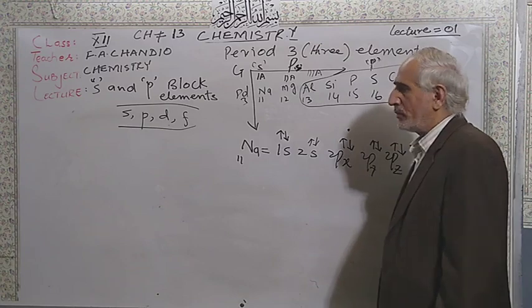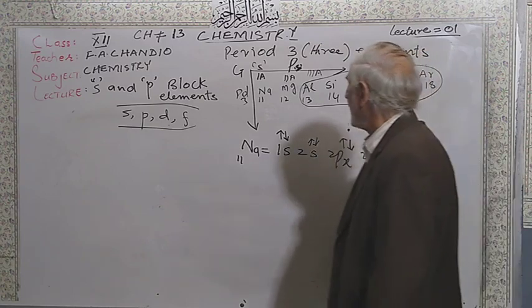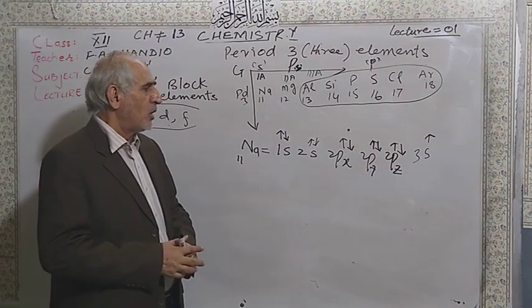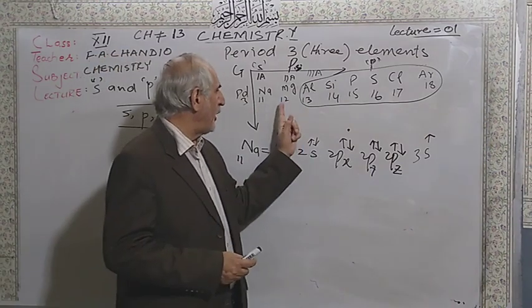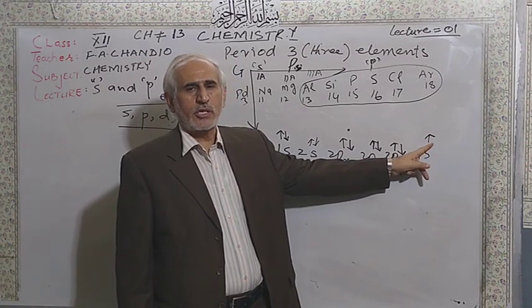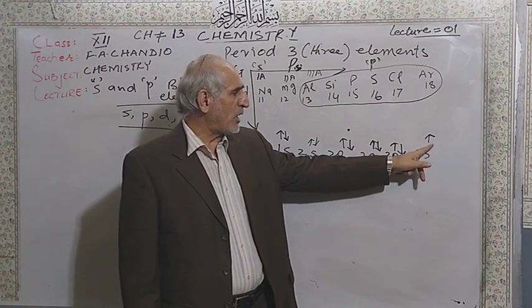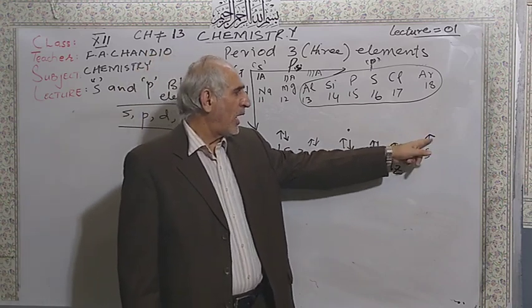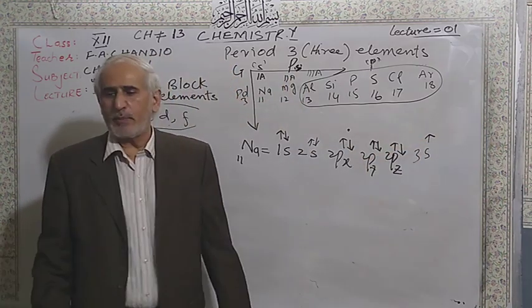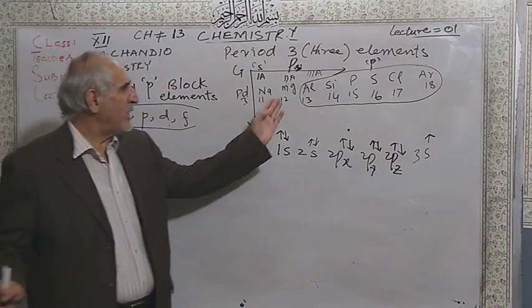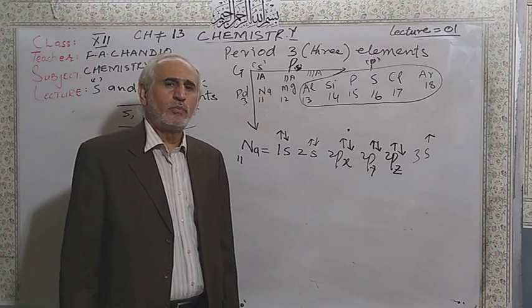Same case here for magnesium. Magnesium, atomic number 12, you have to add only 1 here. 2 electrons should be in the 3s. So third period, again s block, and 2 electrons, so it is present in group number 2.